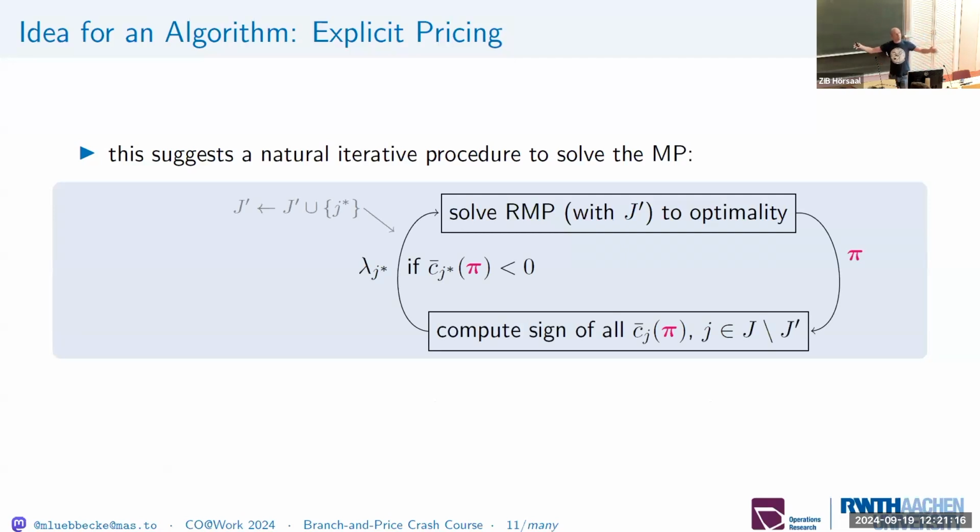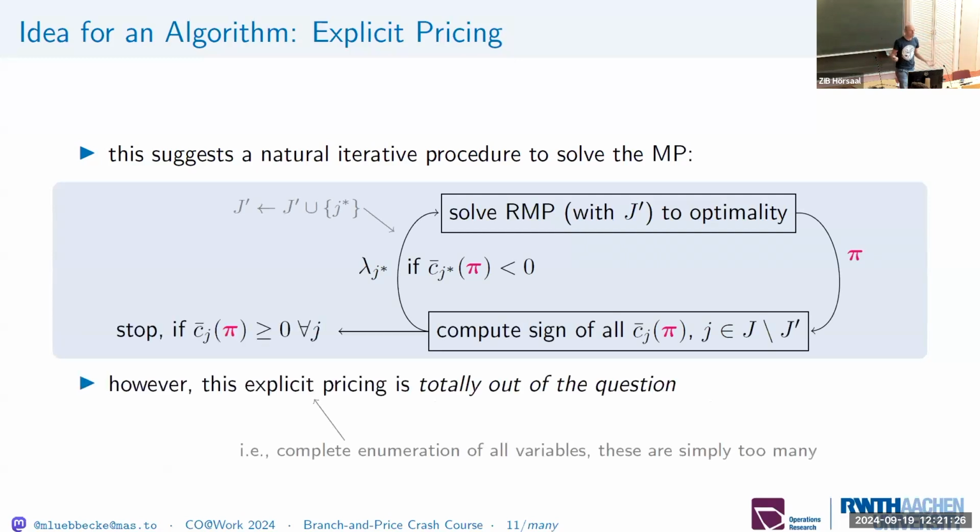We have one more in our restricted version, and then we iterate until at some point, when we compute the signs of the variables we have ignored so far, there is none with negative reduced cost, and then we stop. Then we have a proof that the solution is optimal for the full problem, and hopefully we have not generated all the variables. Comments? Questions?